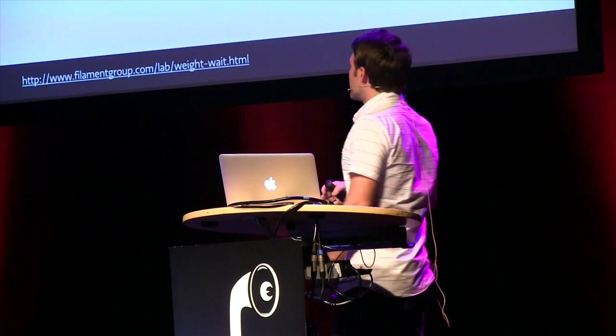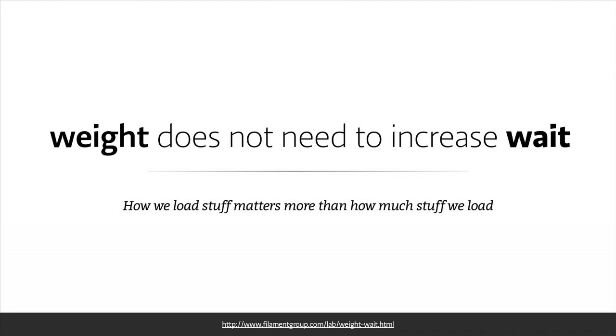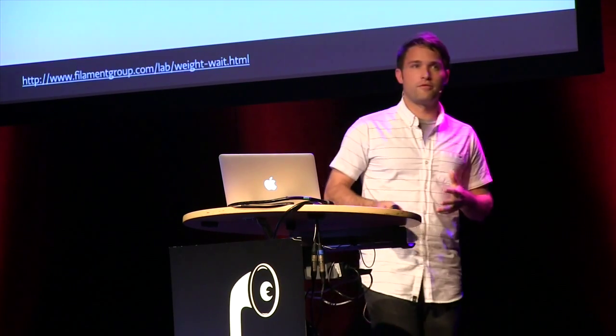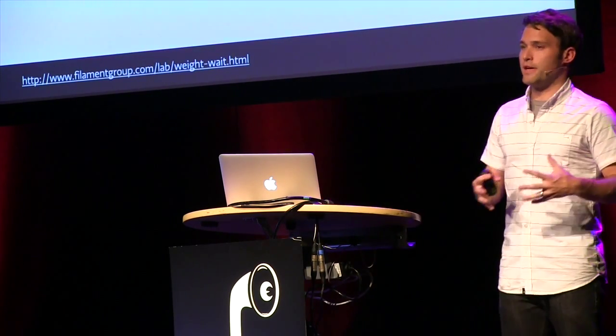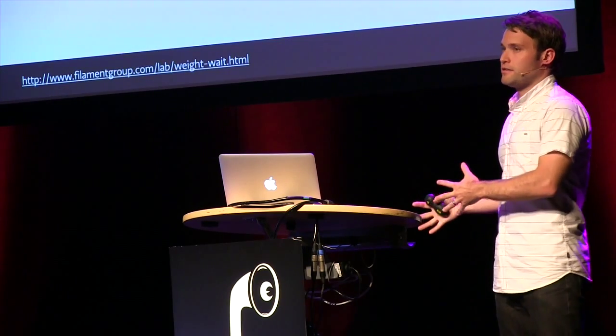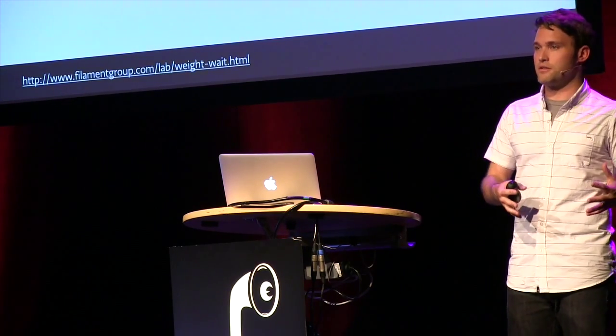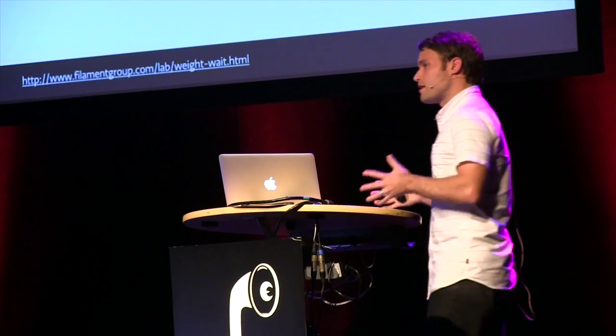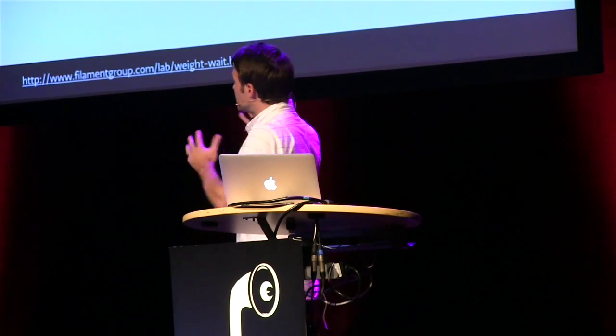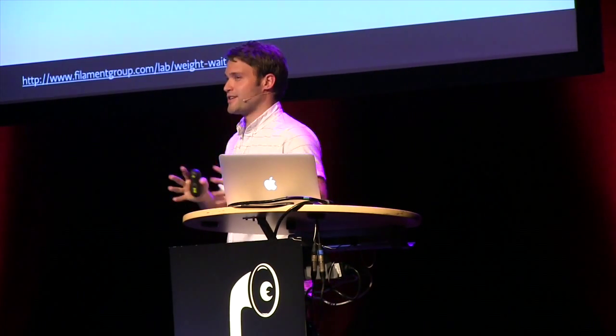So what's sort of interesting, I think, about that case study is I never changed anything about the weight of the assets, right? And traditionally, we've thought of page weight to be really directly related to how fast a site is usable. And that's true in a lot of aspects, but it's also somewhat tangentially related.